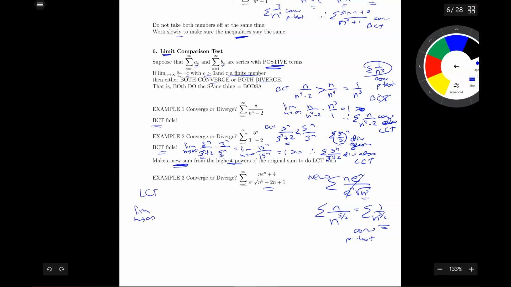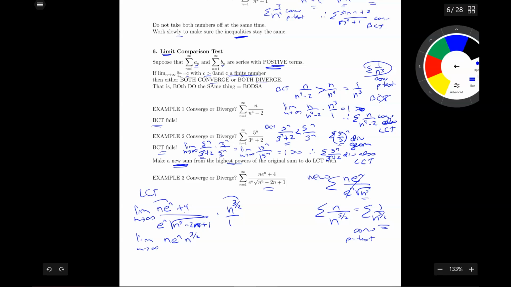So the limit as n goes to infinity, and e to the n plus 4. Lots of terms here, right? So write them all down. n plus 1, multiply by n to the 3 halves over 1. Okay. So taking highest powers, I'd have n times e to the n times n to the 3 halves, right?